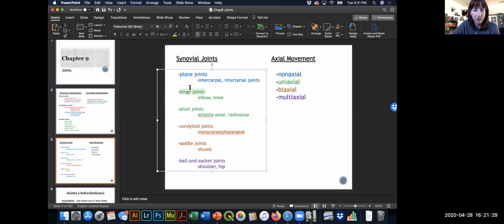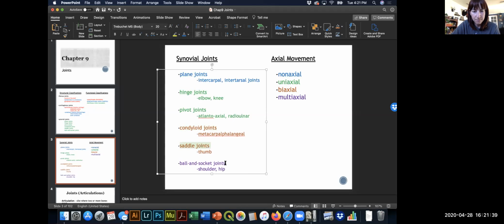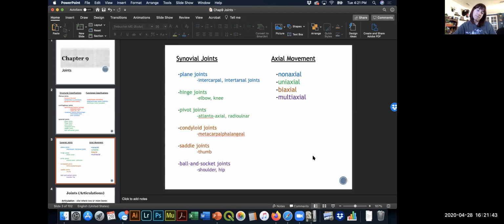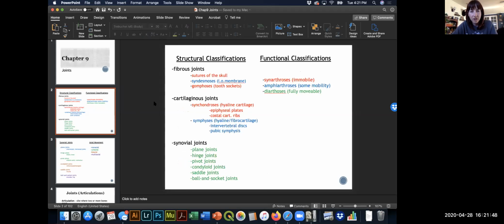We color-coded our synovial joints and got our examples and our movement types, which is pretty cool. And we color-coded the structural and functional classifications of joints in general, okay?